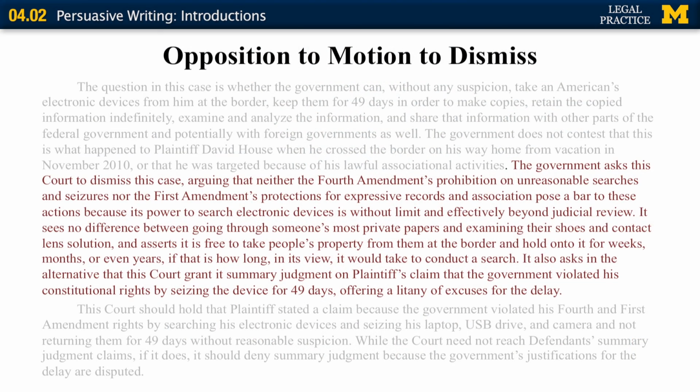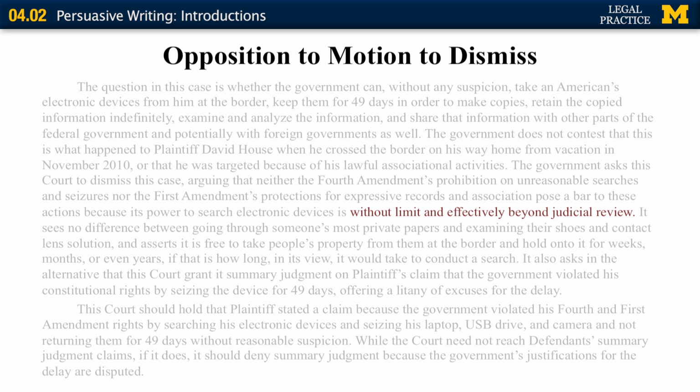Then, when the introduction does turn to discussing the law, it frames the law in a way that makes the government's position appear extreme. It describes the government's position as suggesting that its power to search electronic devices is without limit and effectively beyond judicial review. And it describes the logical result of the government's argument as permitting the government to seize property and hold it even for years.